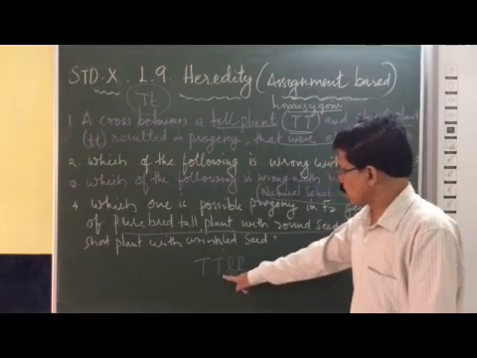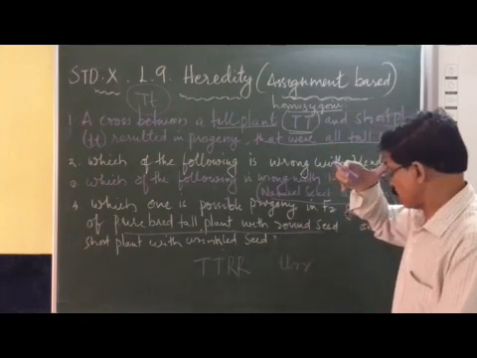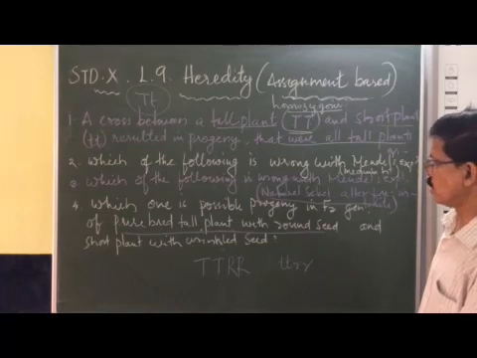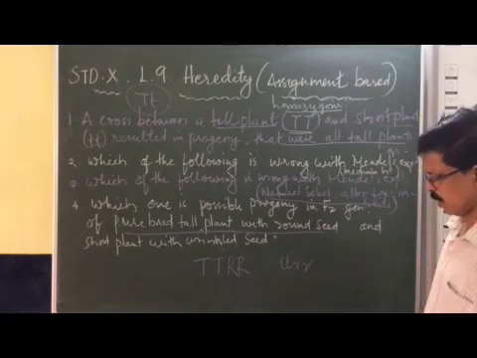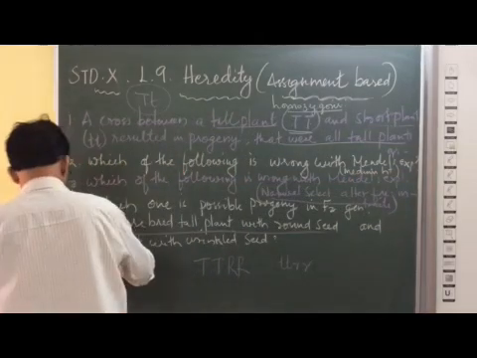A purebred tall and round is crossed with a purebred short and wrinkled. Then what will be the progeny? There can be four important types of progenies.